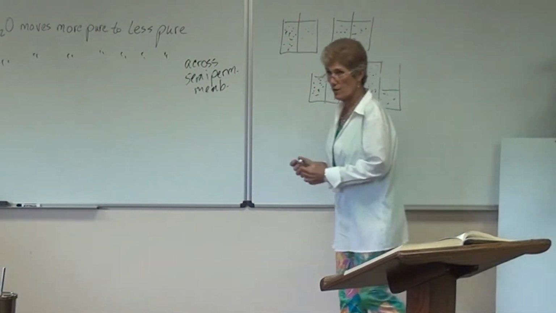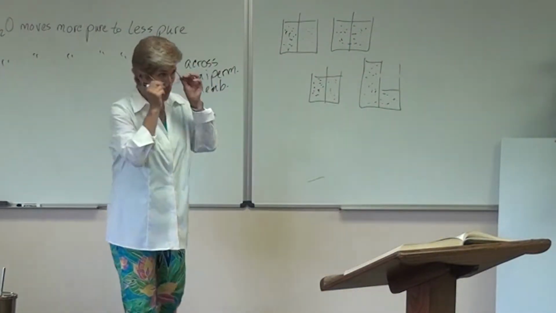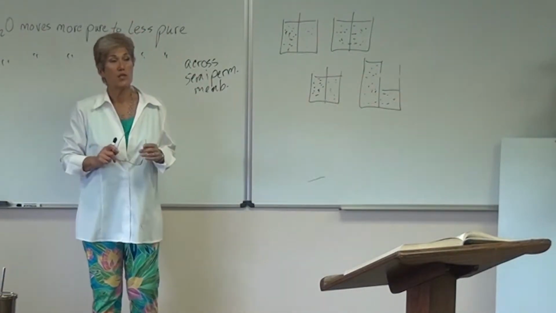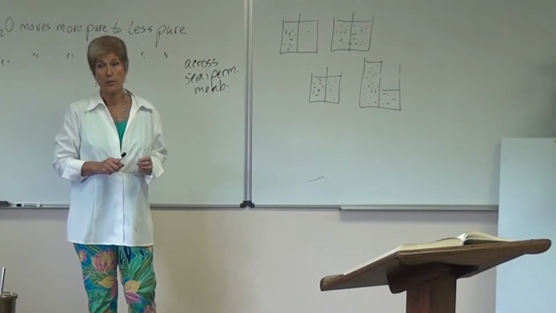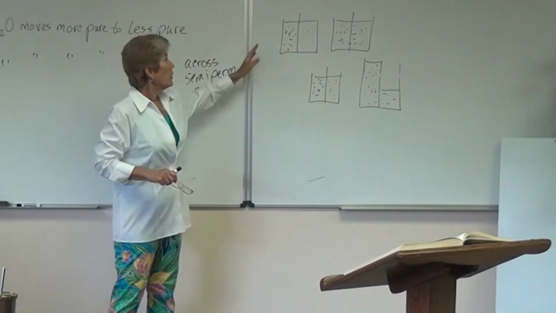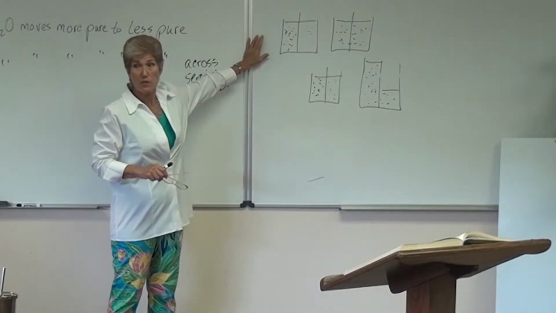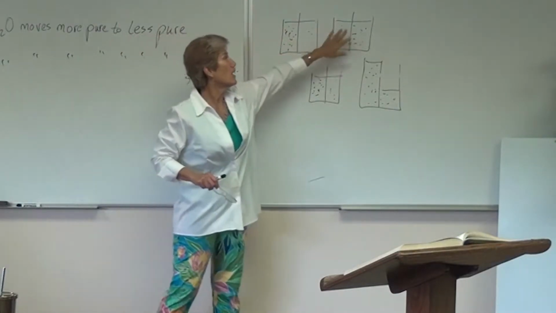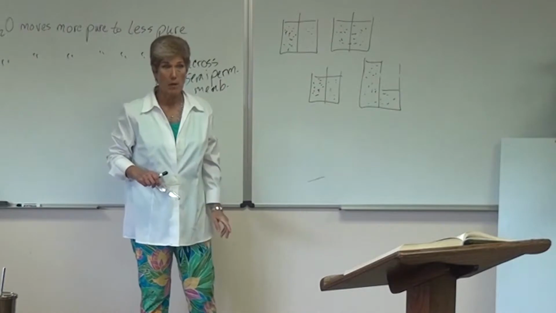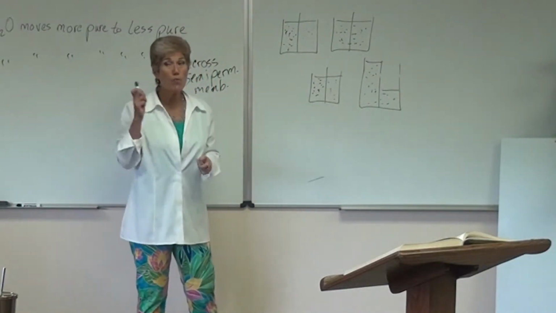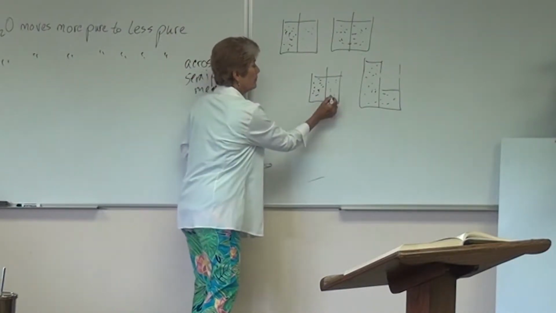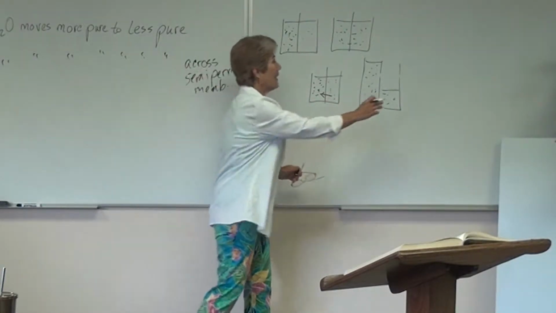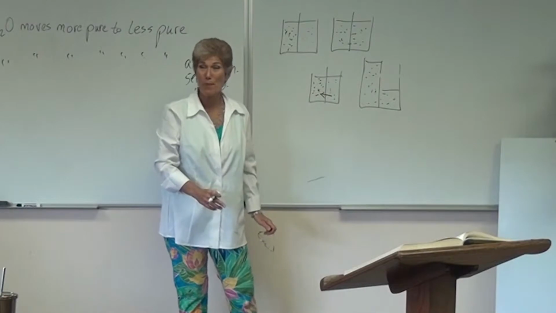Now, if you're looking at those two possibilities, which one is random motion until everything is equally polluted? Diffusion. Right. This one is diffusion, isn't it? Because it's random. It just keeps moving around until everything is basically the same. In this one, the water moved from more pure to less pure and got stuck because of the semi-permeable membrane.